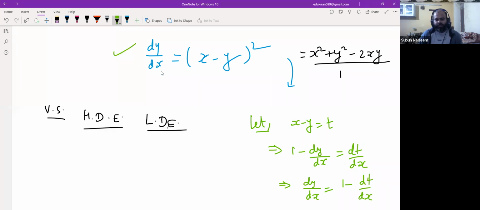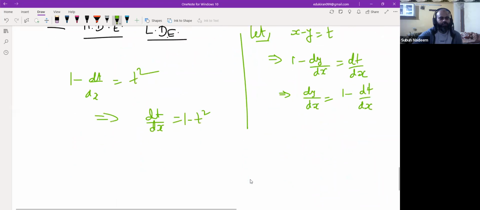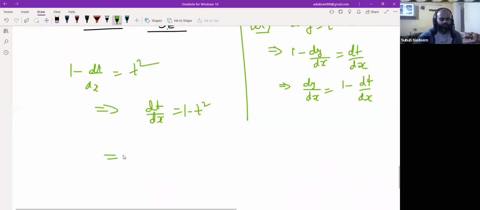So here dy by dx is 1 minus dt by dx, and this becomes t square. After doing this, you can write it like this: dt by dx is equal to 1 minus t square. So it will become dt by (1 minus t square) is equal to dx.